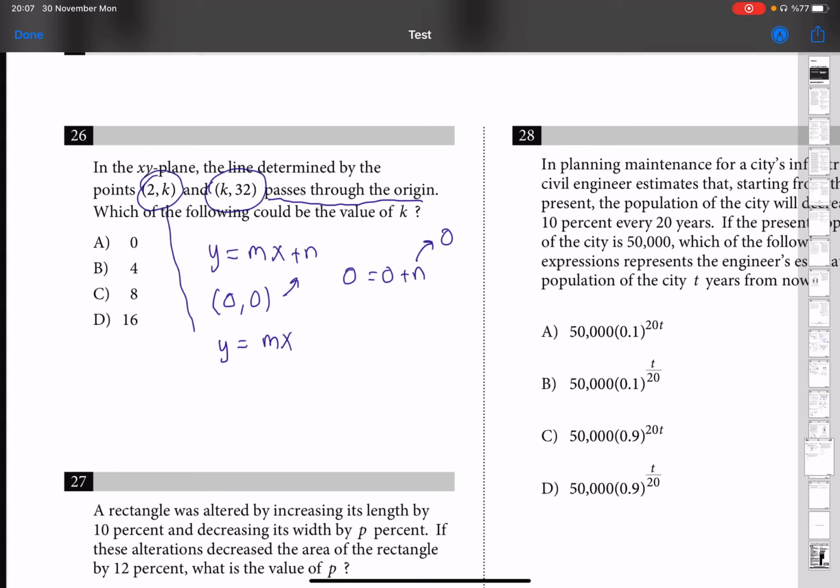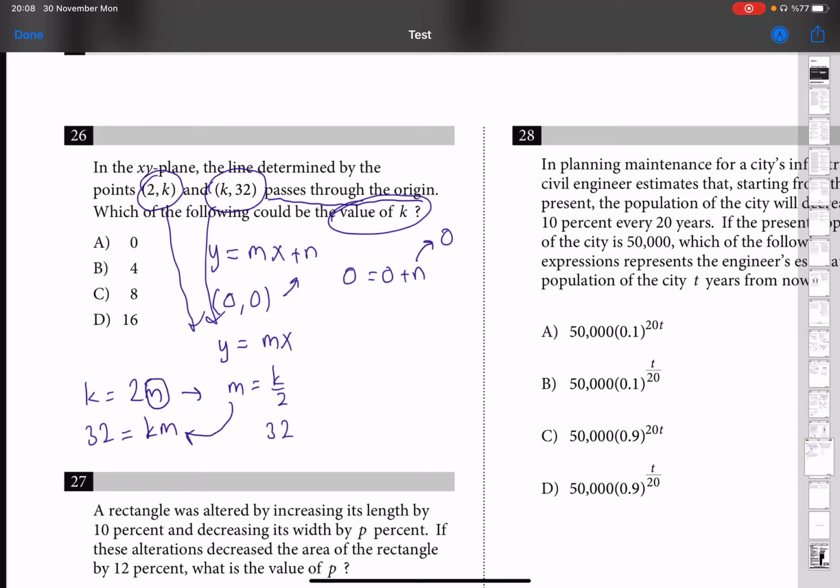Also, this line should satisfy these points, so let's write it. k equals 2m and 32 is equal to k times m. I need the value of k, so let's find m in terms of k, m equals k over 2, and substitute m into this equation.